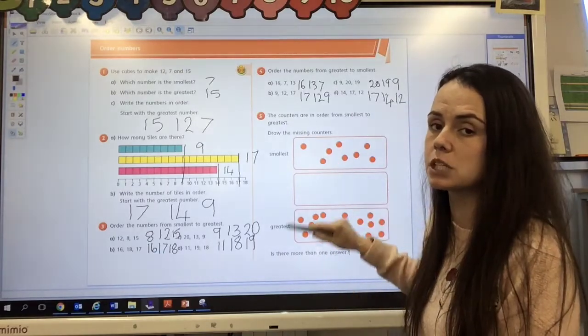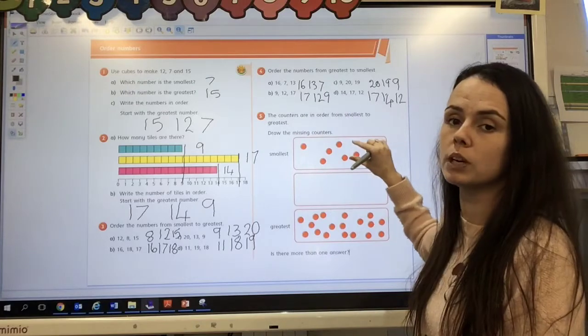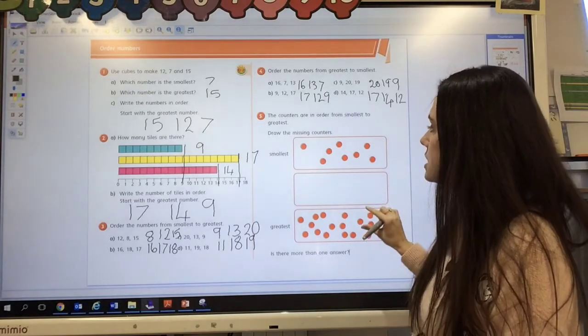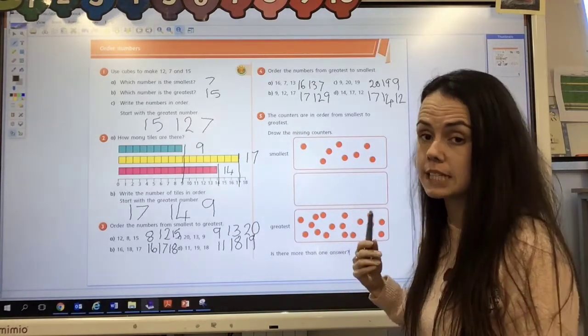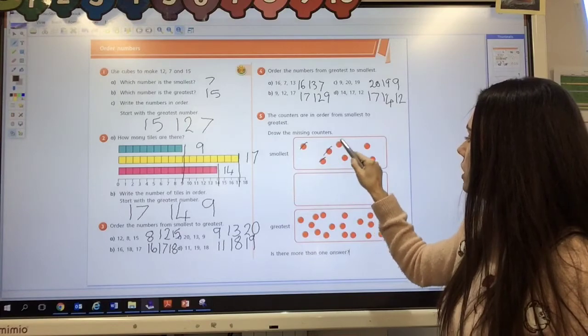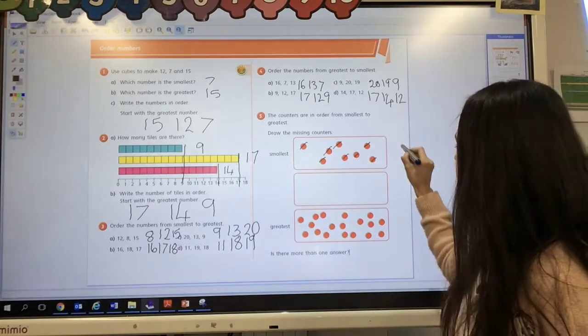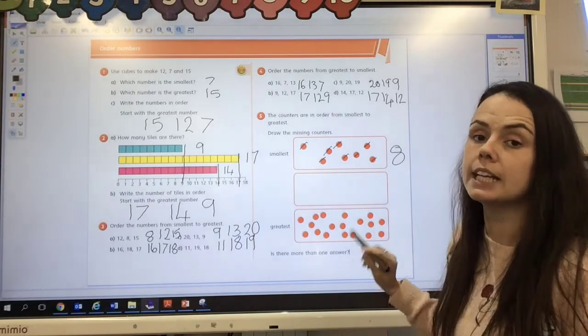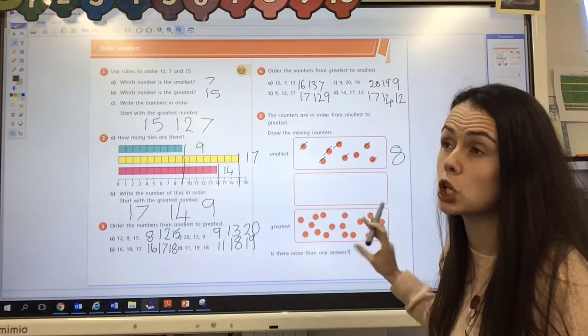Now we're looking at this one here. The counters are in order from smallest to greatest, from smallest to biggest. Draw the missing counters. So let's have a look and see how many have we got in here. We've got 1, 2, 3, 4, 5, 6, 7, 8. We've got 8 counters here. Now here, let's count these ones, and we must remember to cross these ones off because there's loads of them.